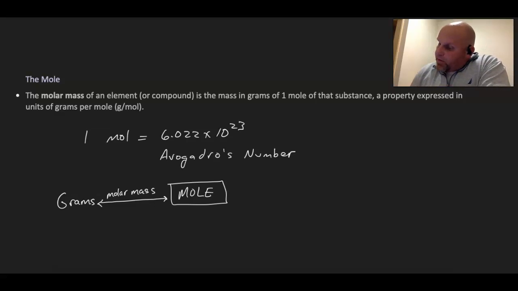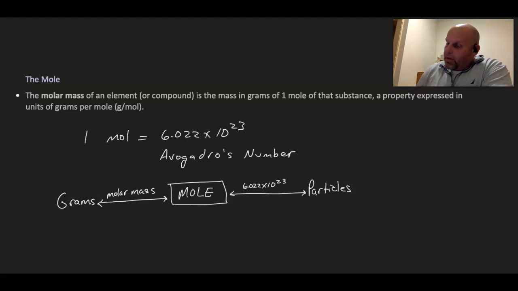Okay. We also have another town over here known as particles. And again, there's one road that connects mole and particles. And again, this is a toll road. So in order to get back and forth on this road, I need Avogadro's number. Okay.